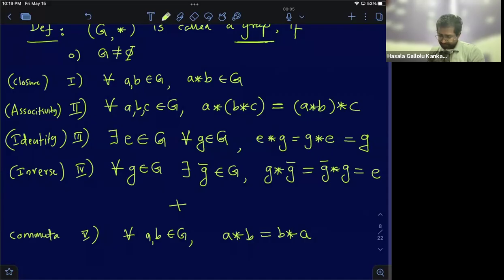So this is an additional condition. In fact, when it comes to a commutative group, we have a different name. We call them abelian groups, courtesy of Niels Henrik Abel, who was an unsung hero in the story of abstract algebra.